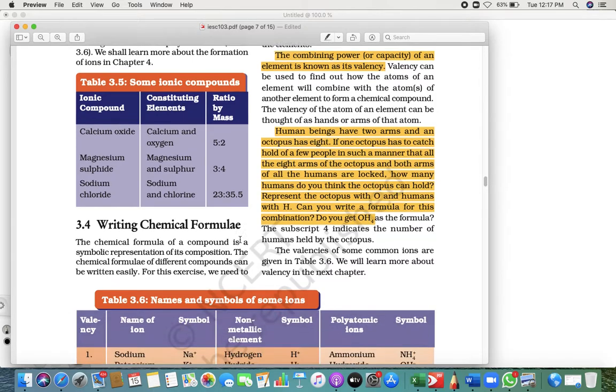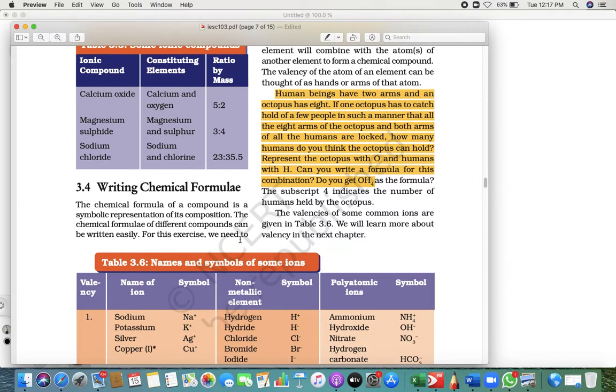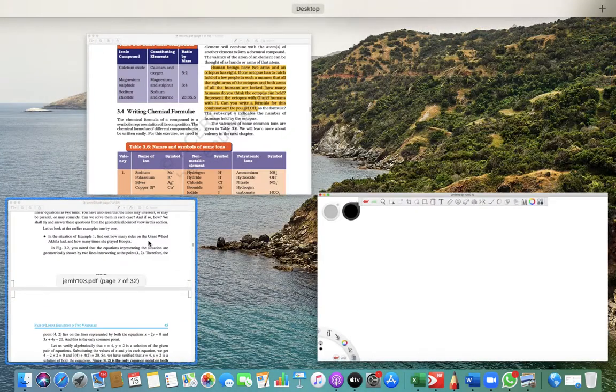It is like one gives and one accepts, but when they give or accept, overall it will become 0. That is what matters. So the overall valency should be 0.